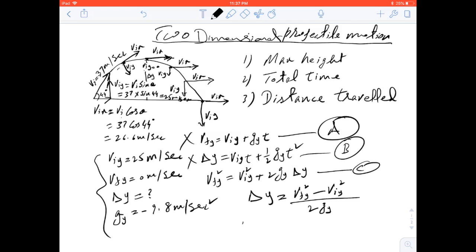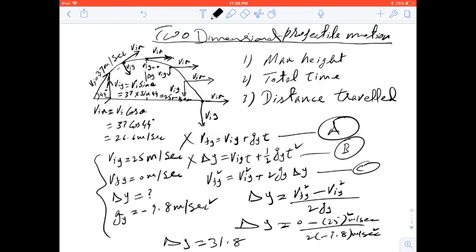When we plug in the values, as the final velocity of the y component is 0, we reject that, and we have minus 25 squared, and then 2 times negative 9.8 meters per second squared. After calculation, the maximum height we will have is 31.8 meters. So this is our maximum height.